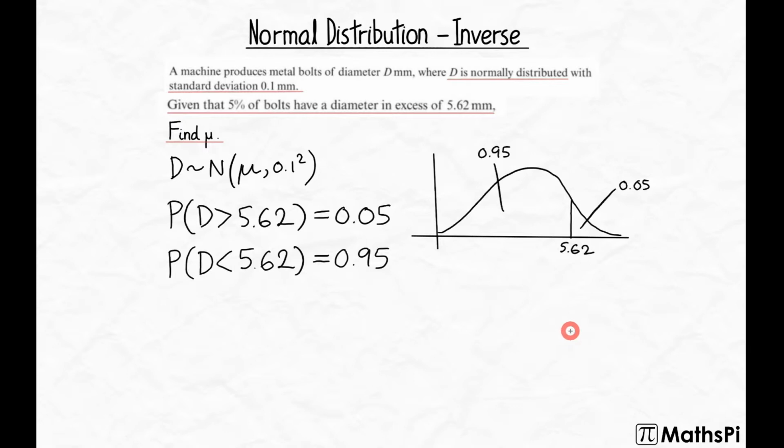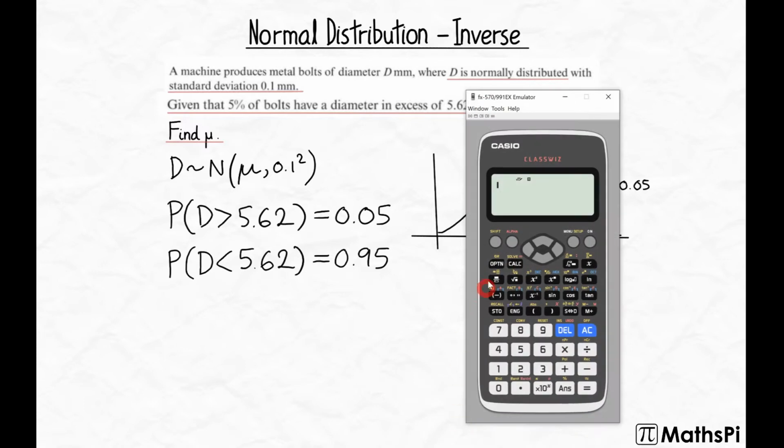Okay, so continuing from here. We've changed it to a less than statement, which is essential for the normal inverse function to be used. We also need to standardize, so I'll show you why on the calculator here. When you use the inverse function, you want to go through menu, and then number 7 for distribution. And here you want inverse normal. So the area has to be in terms of a less than statement.